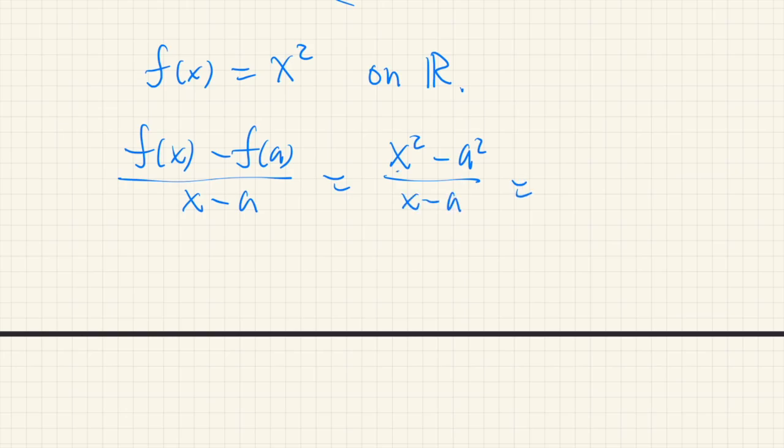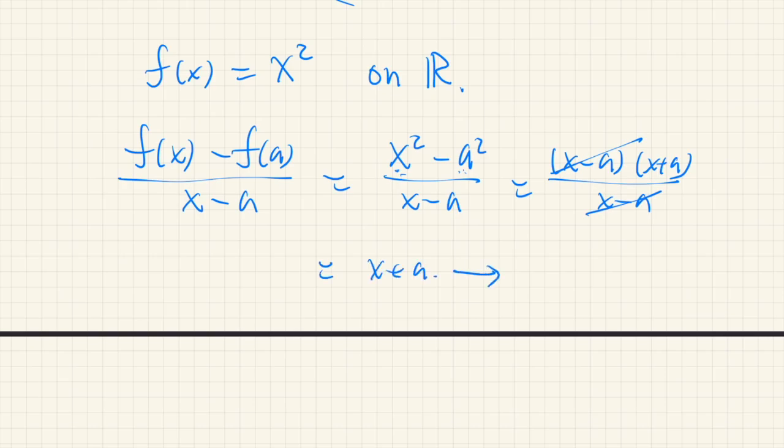If we factorize this, x minus a cancels, and we have x plus a.